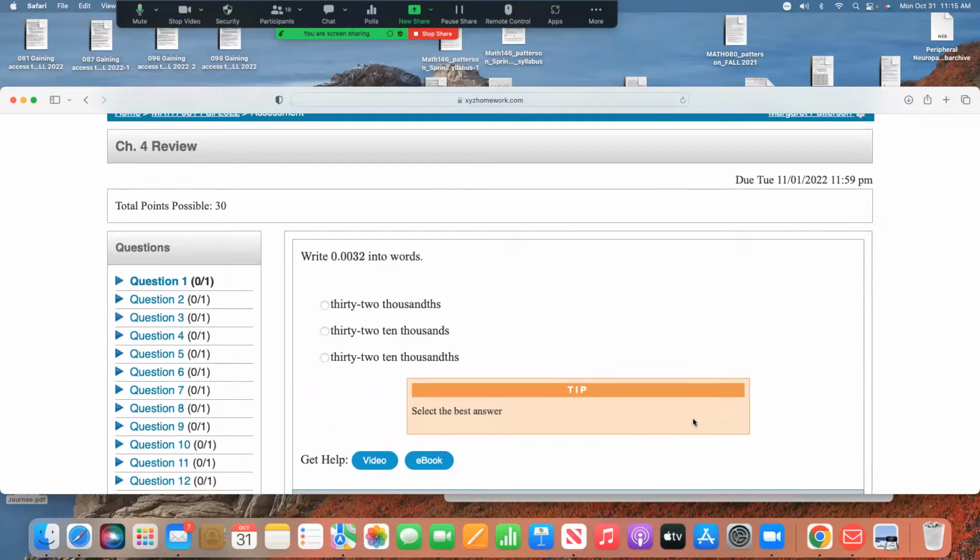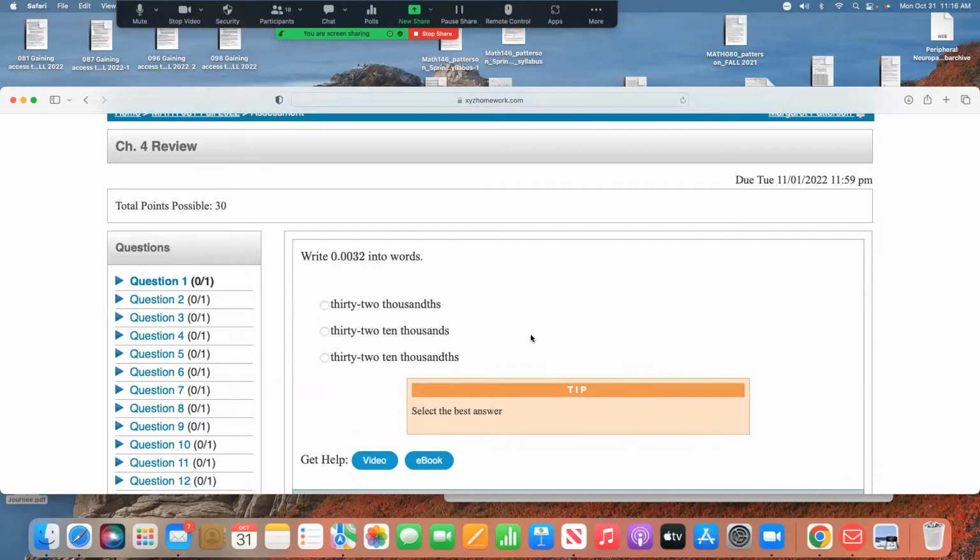I'm going to randomly pick some of these problems, but these are the ones you should work on. Write the number into words. So we did this before: tenths, hundredths, thousands, 10,000s. Okay, so it's 32 10,000s. Which of these three is the correct way?